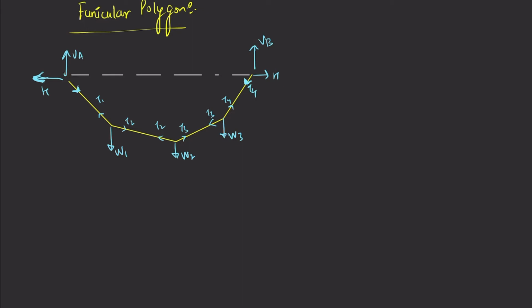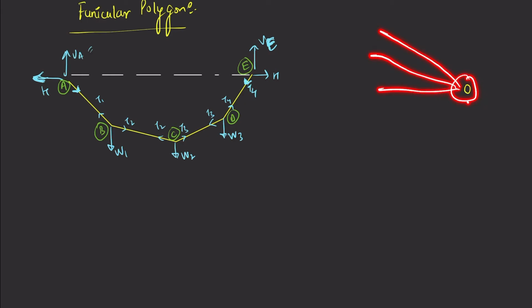So here we have the cable profile in which this is point A, this is point B, this is point C, this is point D, and this is point E. This is the vertical reaction at E and this is the vertical reaction at A. We already know how to solve these VA and H using the equilibrium equations. So how do we draw a Funicular polygon? It's simple. First make a point O, and about this O draw lines parallel to the cable.